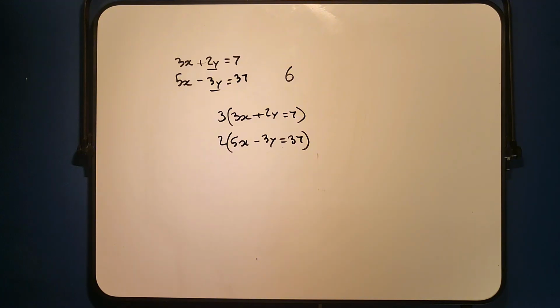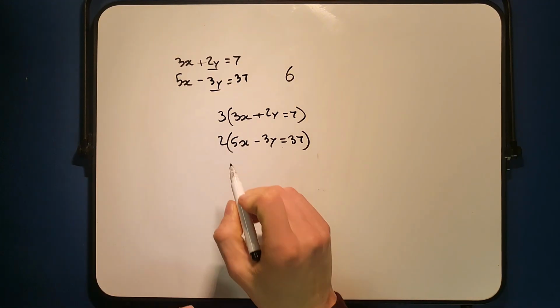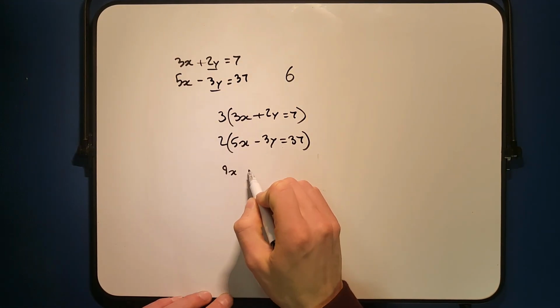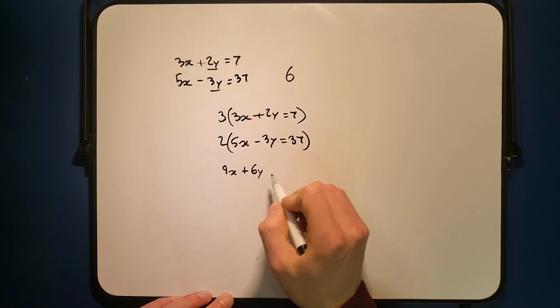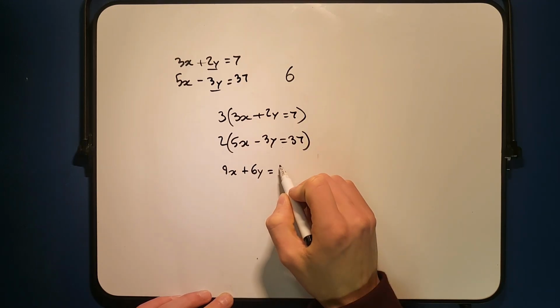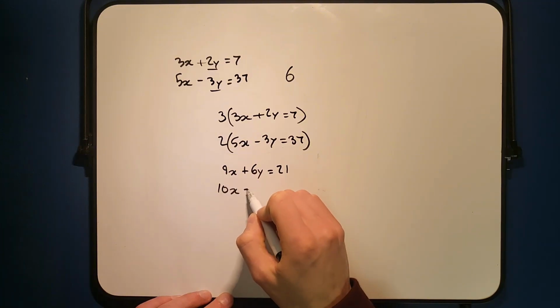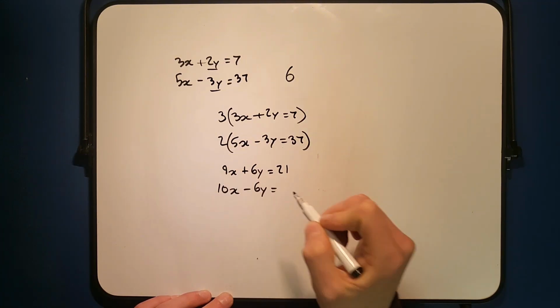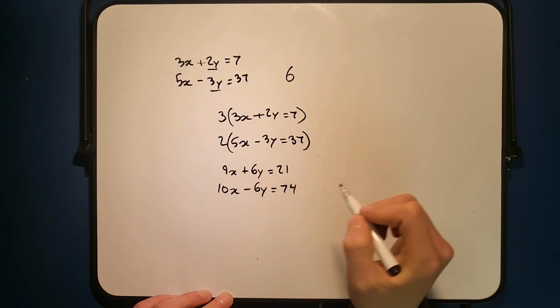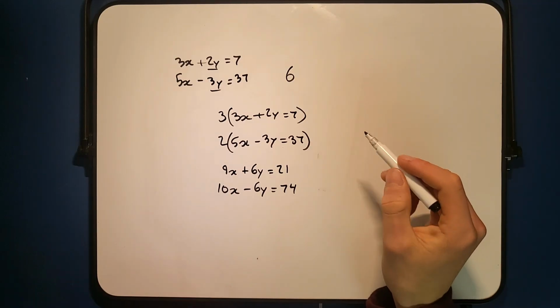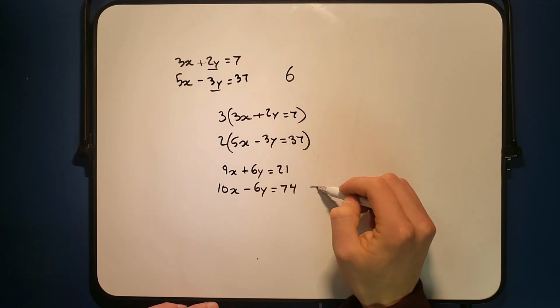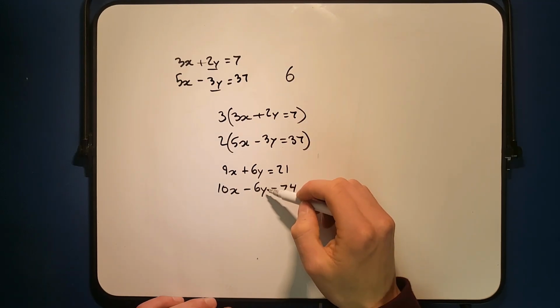Now we can expand these two equations. So we're going to get 9x plus 6y is equal to 21. This one will give us 10x minus 6y is equal to 74. Okay? Now I notice that we can add these two equations and it will cancel out the y's.